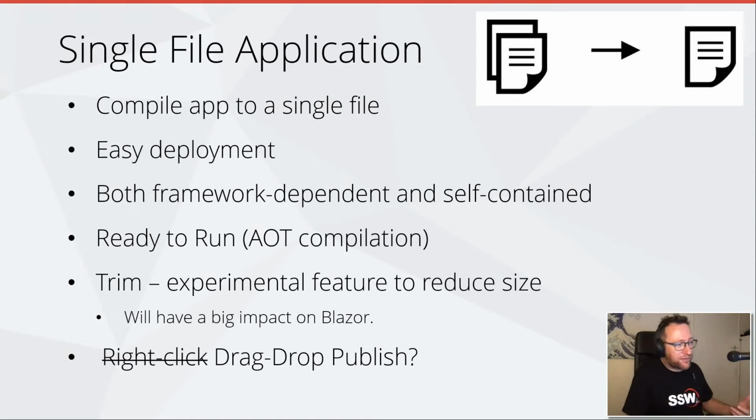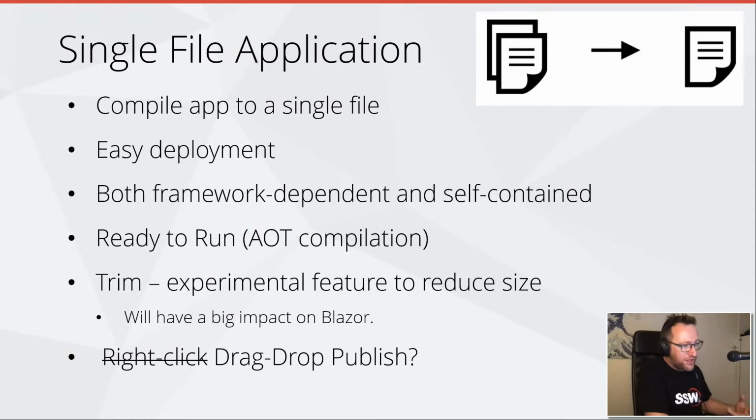It's an experimental feature right now because there are certain things that don't work very well with it. If you're using a huge amount of reflection, the tooling can't tell what you are and aren't using. But if you're not using huge amounts of reflection, then you can run this trim feature and have your code shrunk down.